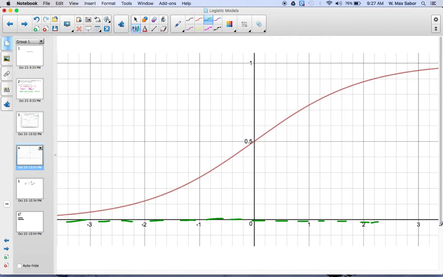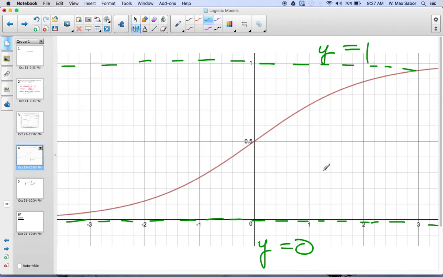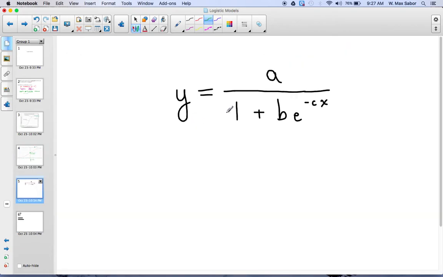It has an asymptote at y equals 0. It has an asymptote at y equals 1. So there are two horizontal asymptotes. And then it passes through a point halfway between those asymptotes. In this case, it's (0, 1/2). This is what the graph looks like.